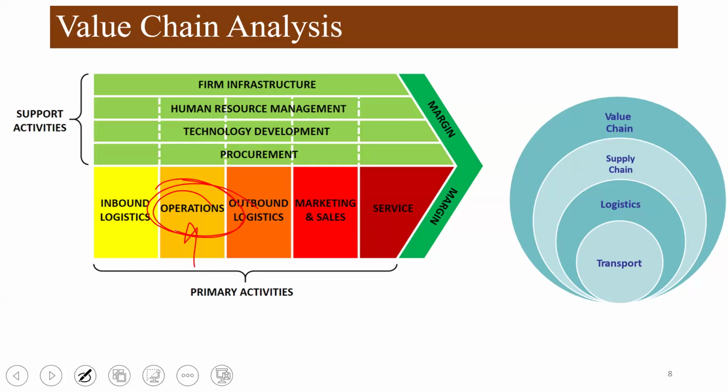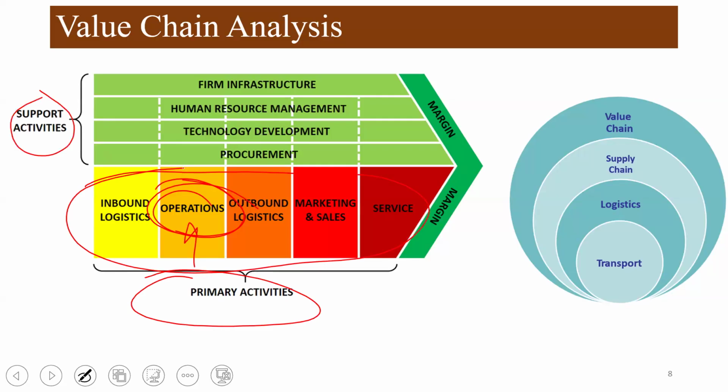So there are primary processes and supporting processes. This is the primary process, which we call supply chain management. These are the supporting processes, and another activity in this is the development part.